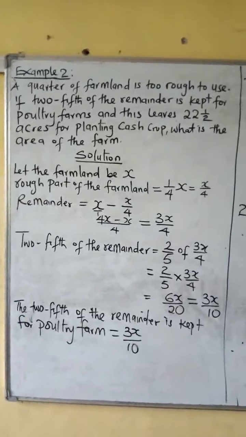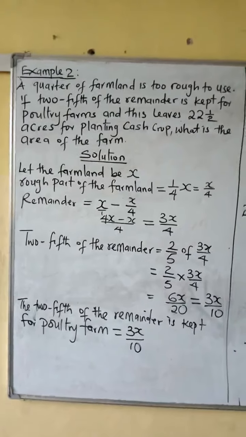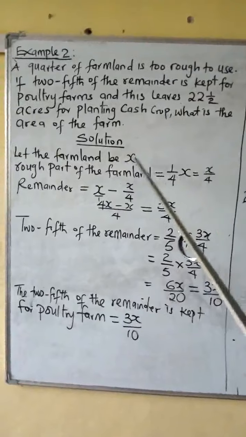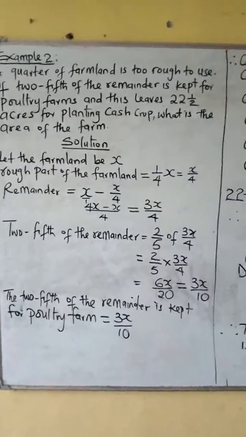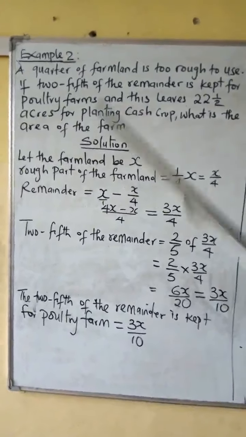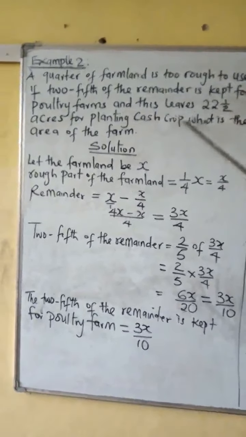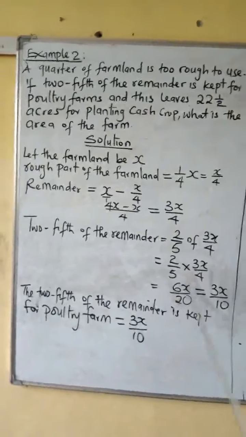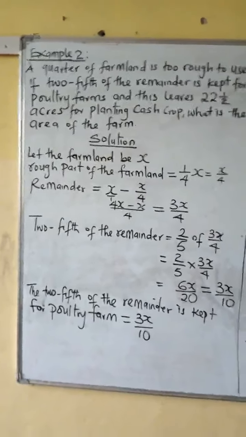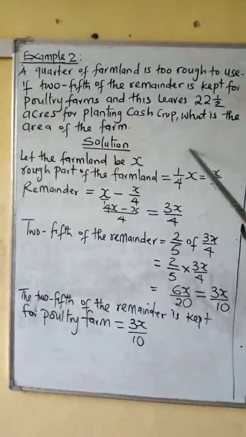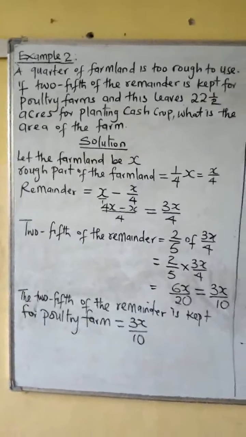Now, we start solving this question by representing the area of the farmland as X, using the letter from the English alphabet. The information given to us in this question, we are going to express as mathematical expressions without changing the content of the information.